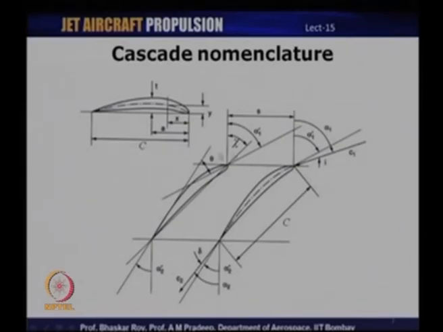Now, these blades are separated by a certain distance, which is shown here as letter S, that is the spacing between the blades. And you can see here two more angles. One is denoted by the symbol psi, and the other is denoted by theta.